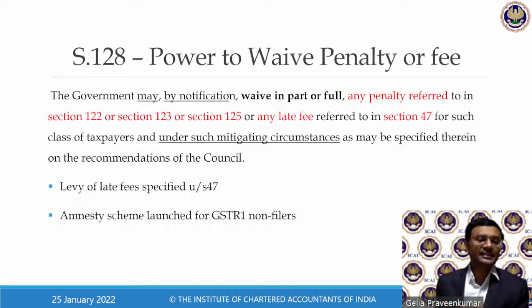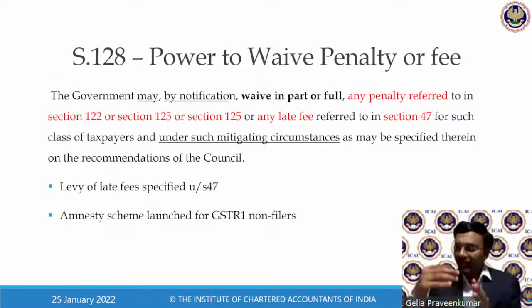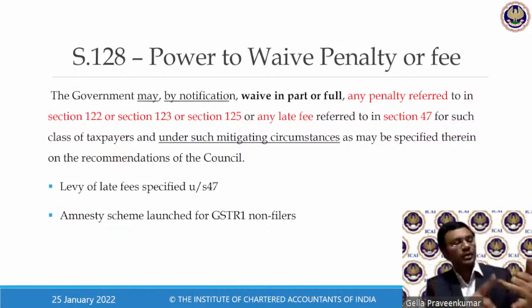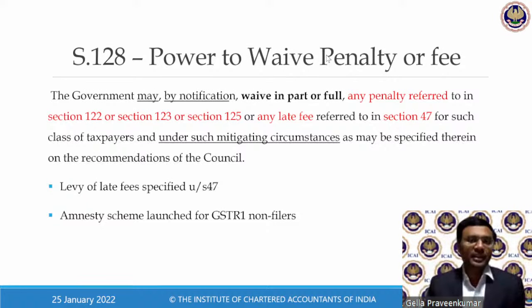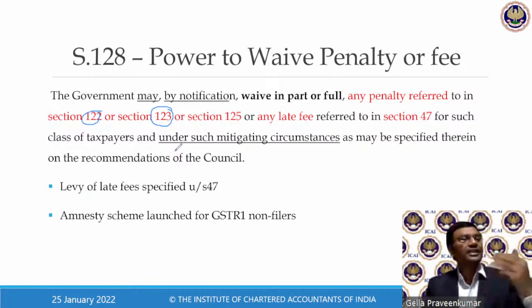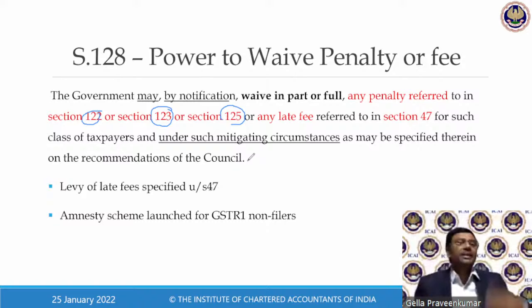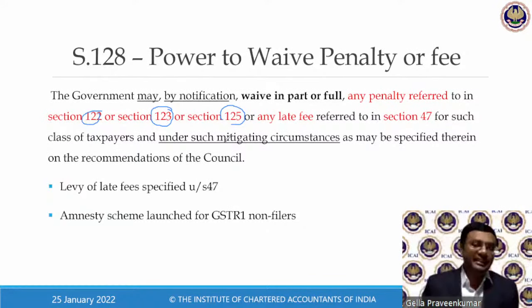This provision says that the government, by a notification, can decide to waive a penalty under 122, 123, 125, or late fee. 122 we have discussed. 123 is furnishing of information return. 125 is your general penalty, the 25,000. Any penalties under these sections can be waived, or a late fee.